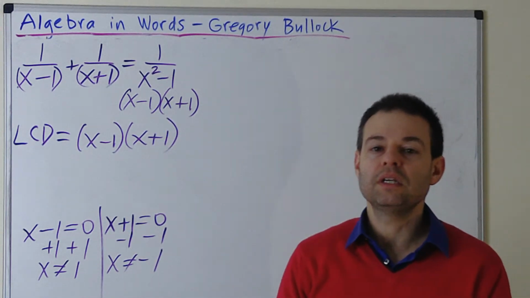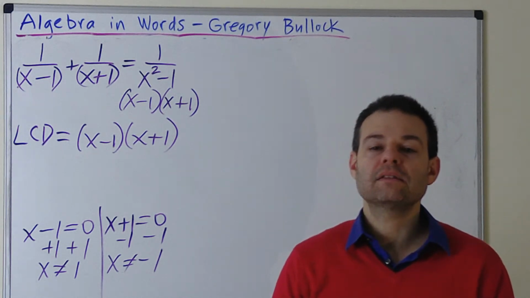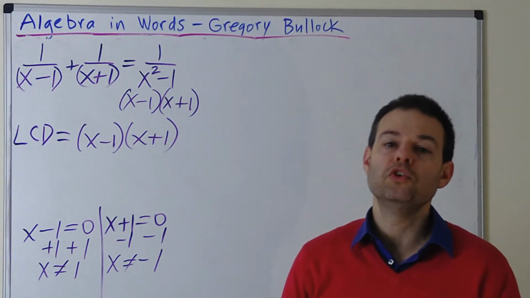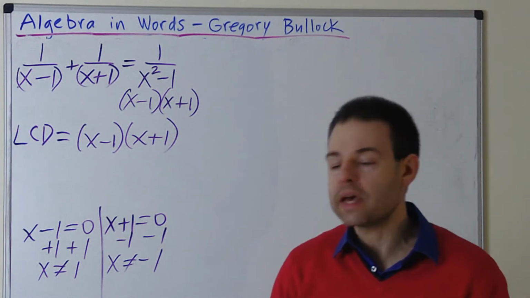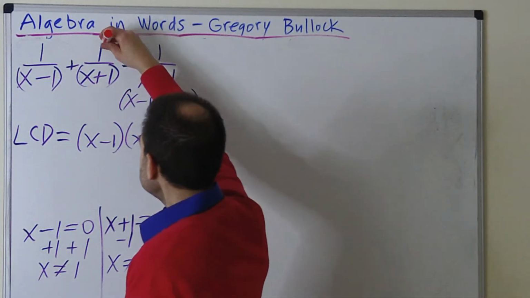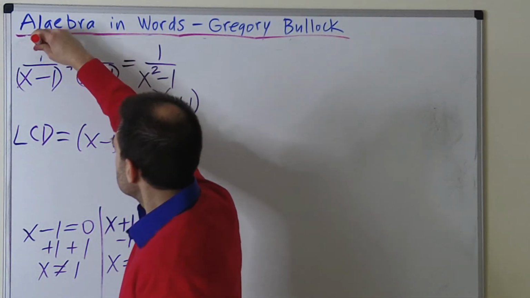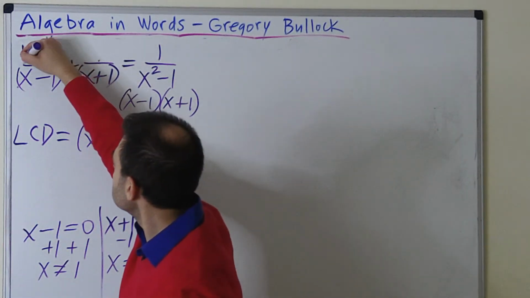That's our LCD. And what are we going to do with the LCD? We're going to multiply that times every term, meaning the numerator of each fraction. So let me change markers so that we can see that. And just so we have a little more room, I'm going to put the 1s here.